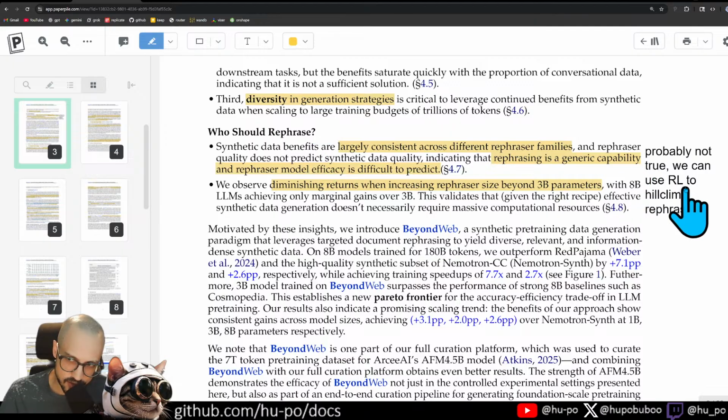I don't know if that's necessarily true, and I feel like maybe the hidden story in this is that there's probably some way to use RL to hill climb this rephrasing task, because it's a measurable and quantifiable task, right? You can say, here are 4 different models. They're all going to rephrase this original seed data, and then we're going to see which of those rephrasings end up being the most useful for creating the smartest model.